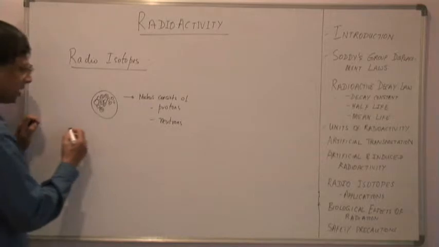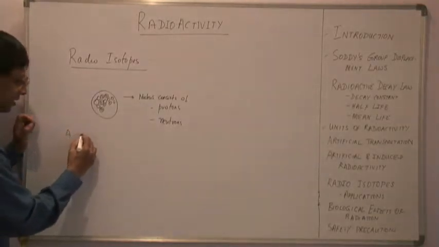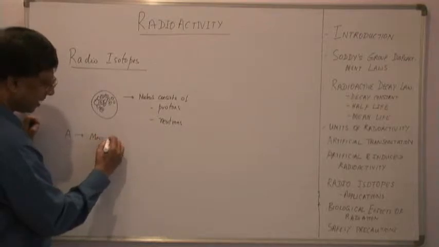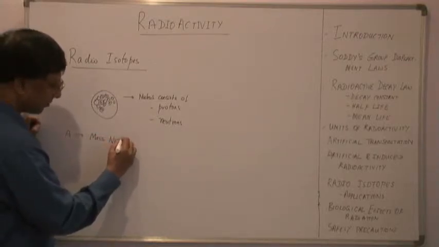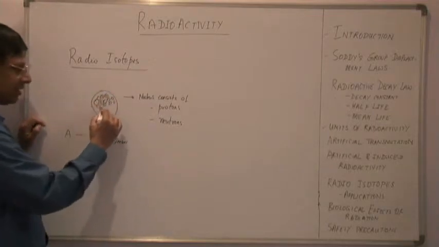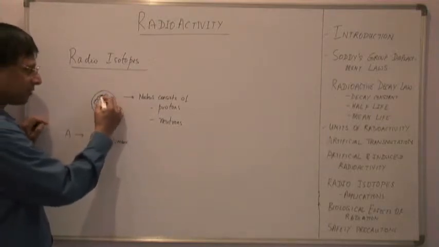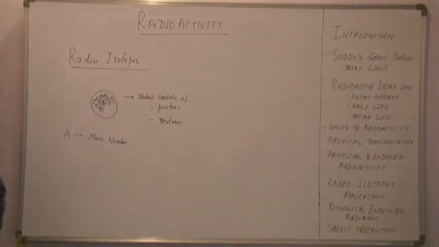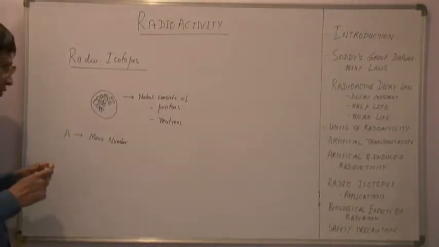We also mentioned that when we say A, this stands for the mass number. Mass number is the number of particles inside the nucleus, which includes the number of protons and the number of neutrons.